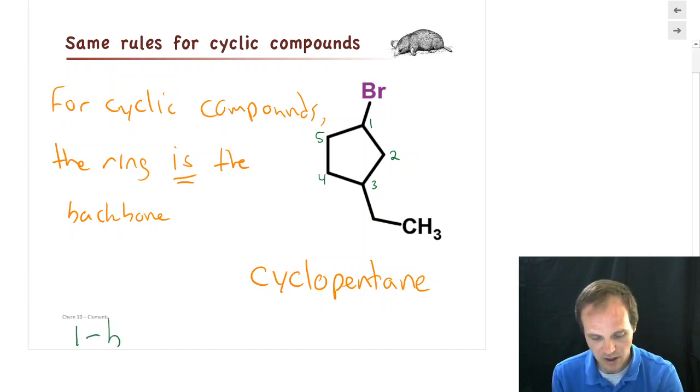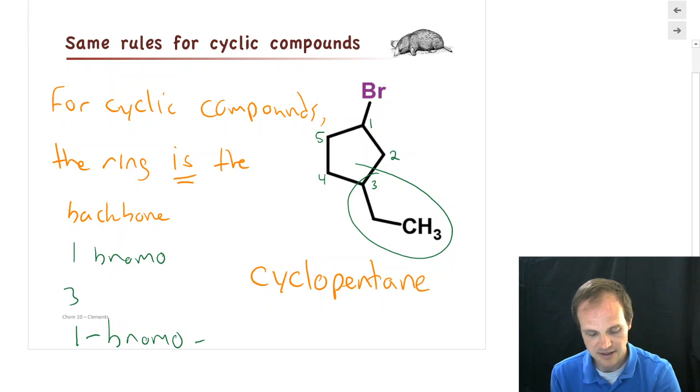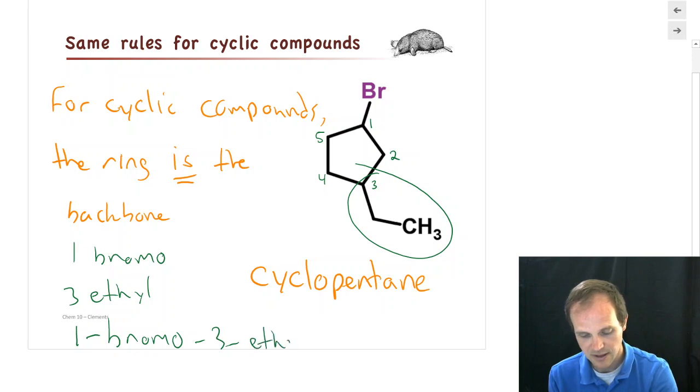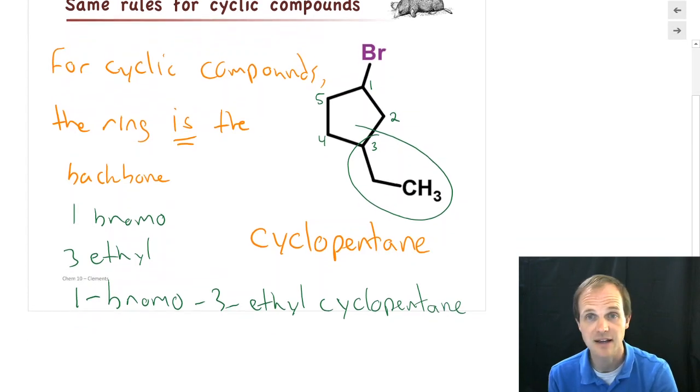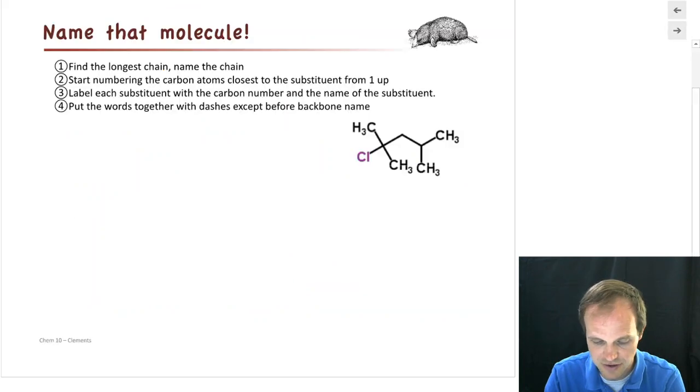So this is going to be 1 bromo, and then over here on number 3, we had an ethyl, and so it's going to be 1 bromo, 3 ethyl cyclopentane. And that's how you'd name that molecule. And that is how we name ring structures.